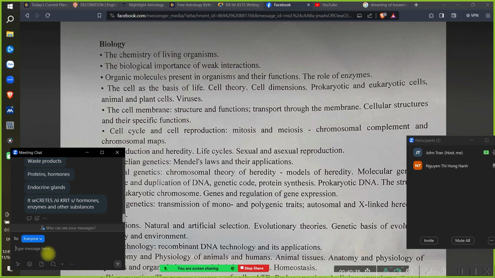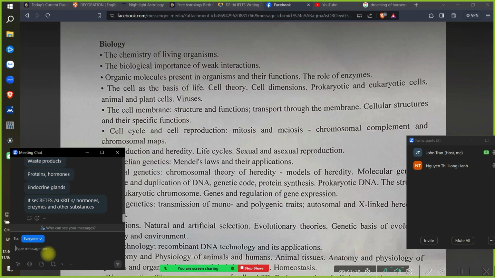And also we have the cytoplasm. Cytoplasm is basically the jelly-like fluid in the cell. All of the organelles are suspended in the cytoplasm, and it contains solutes like salt, electrolytes, and other substances. Don't use the word stuff, it's informal and you should not use it in an exam.